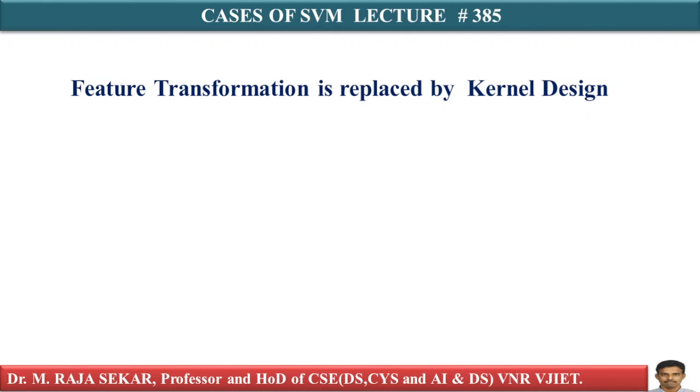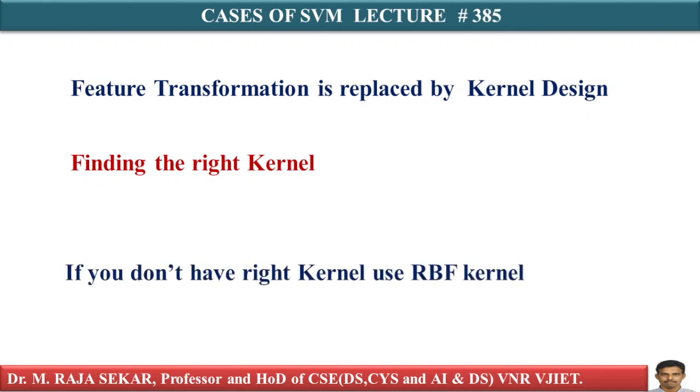The primary problem in feature engineering or feature transformation, specifically in the case of support vector machines, is all about finding the right kernel for the given problem. If you don't have the right kernel, of course you always have the RBF kernel as your default option. But if you find an appropriate kernel for the given problem, support vector machine tends to work very well.